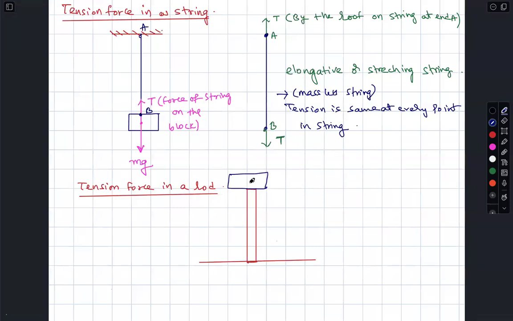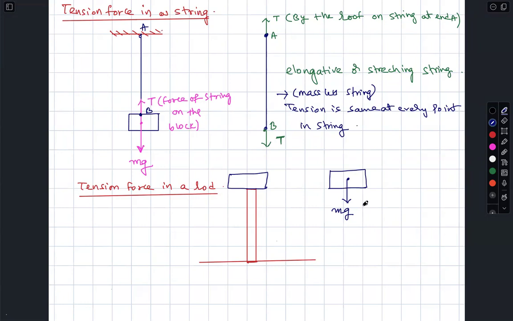If I see, the block will experience weight force down. But still the block is in equilibrium. How is this possible? Tell me.